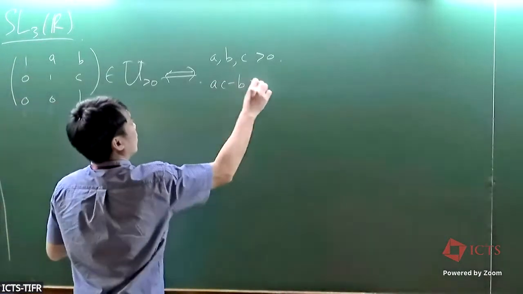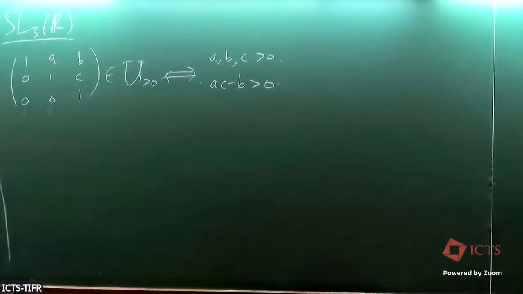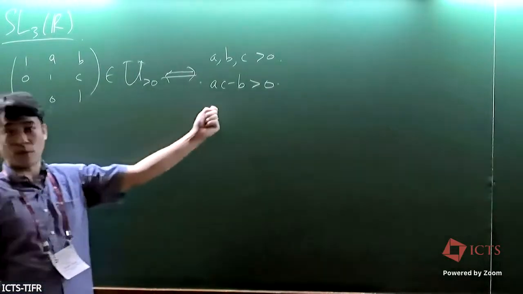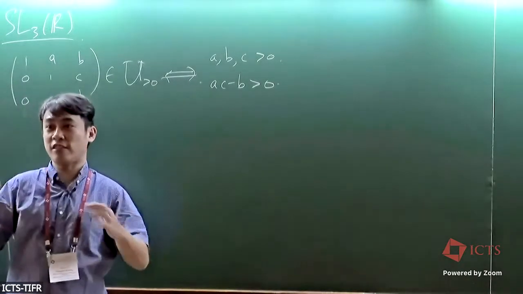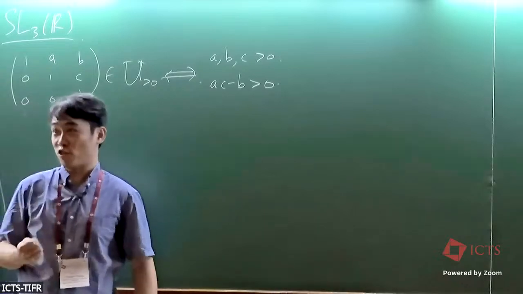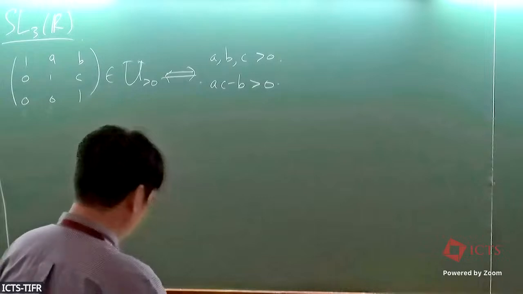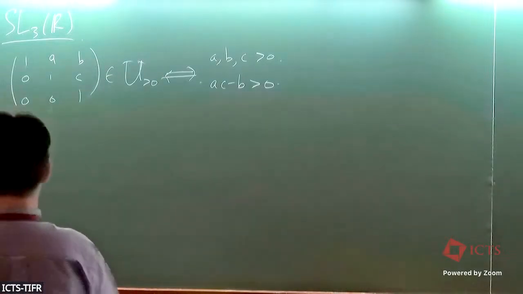If you go on and check all the other 2 by 2 minors and the 3 by 3 minors, you see that these are the only conditions. So to be in U greater than 0, these conditions must be satisfied. As your matrix gets bigger, you get more and more conditions to check.